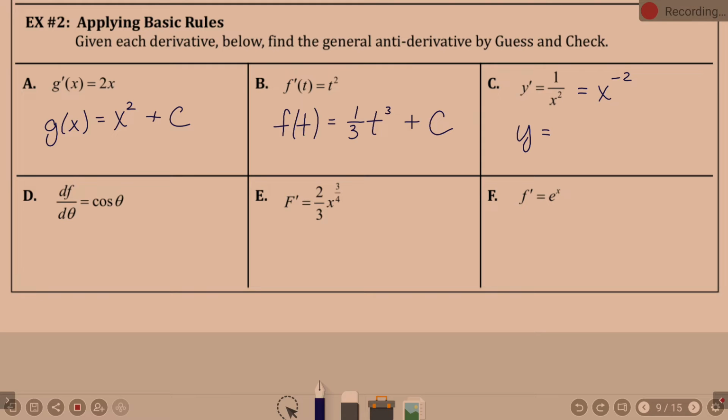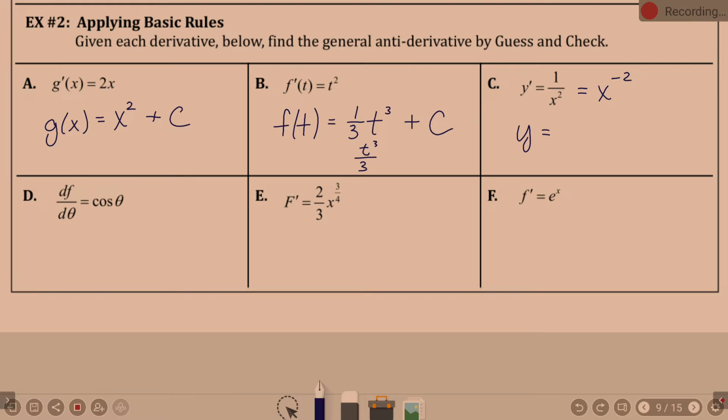Now, here, we added 1 to the power, and then what else did we have to do? This 3, we basically had you take the new power and divide by it. Okay, and here, I wrote this as 1/3 t cubed because that's what was said. This could also be written as t cubed divided by 3.